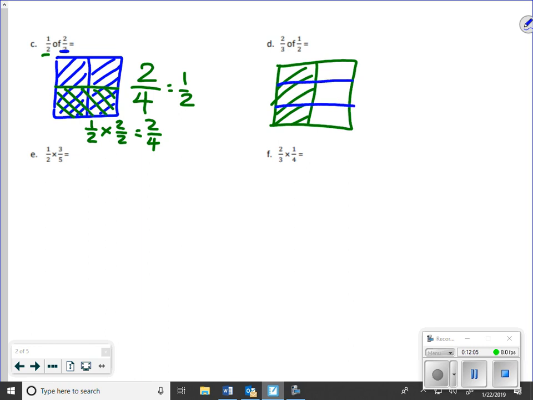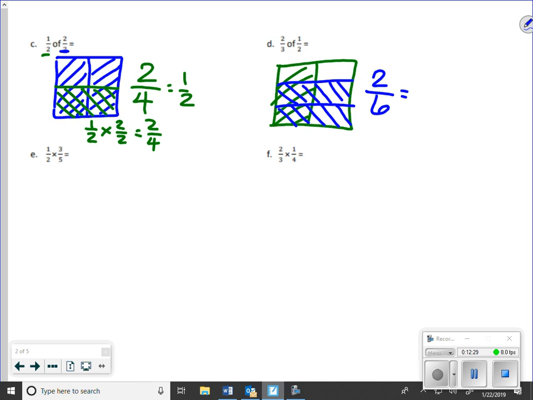How many are shaded? 2. So, how many are double shaded? 1, 2, out of 6. 2/6. 1, 2, 3, 4, 5, 6. Which is the same thing as 1/3.